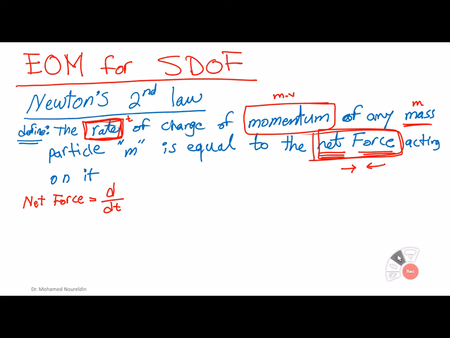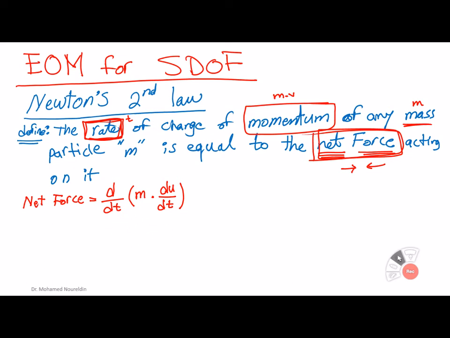The rate means that we have change with time, of what? Of momentum, which is m times v. V is the rate of change of displacement, du by dt, right? So the velocity is defined as du by dt. So we have m and du by dt, and we need to differentiate with respect to t.